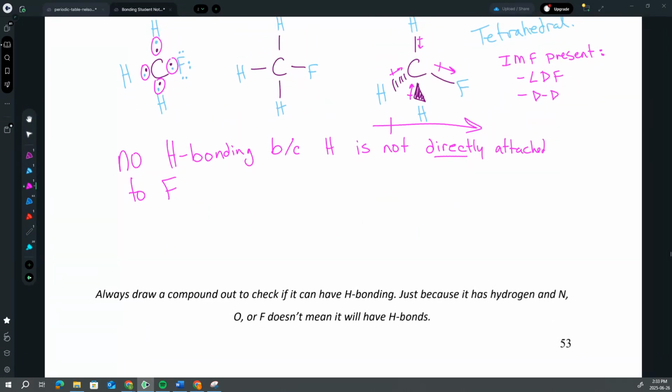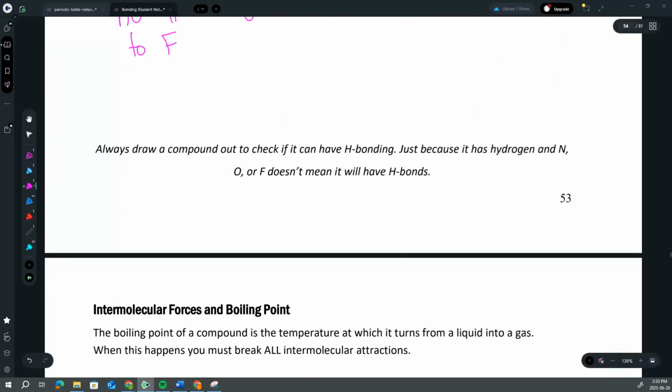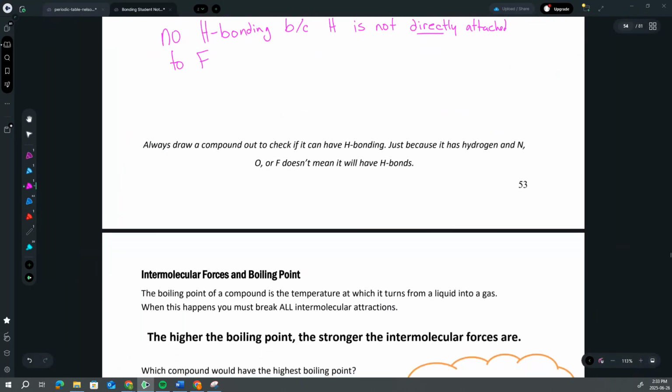So I highly recommend always drawing out the compound just to check to see if it has hydrogen bonding. Just because it has hydrogen and either nitrogen, oxygen, or fluorine doesn't necessarily mean that it can hydrogen bond. So let's actually highlight that, because that's pretty important.